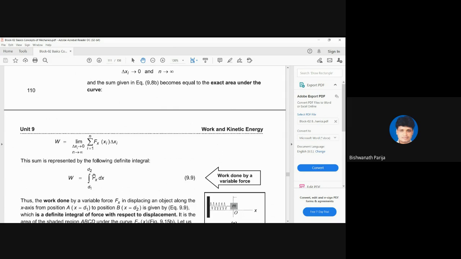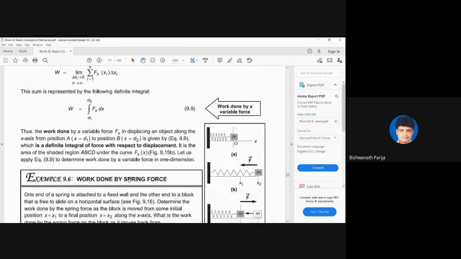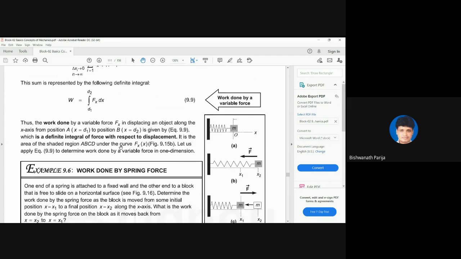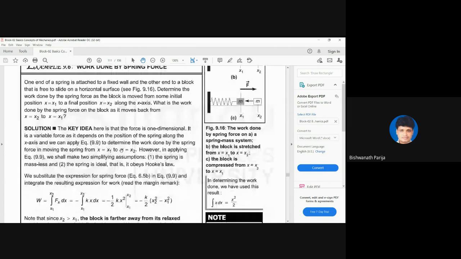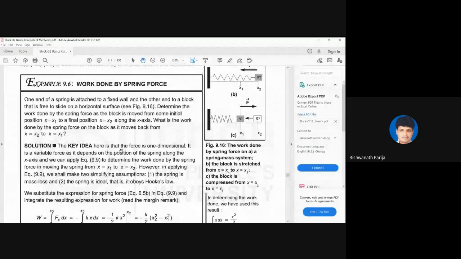If the total displacement is from d1 to d2, you integrate with the limits d1 to d2. For total work done, you have to do integration and put in the limits. Okay, everyone clear? Yes, sir.